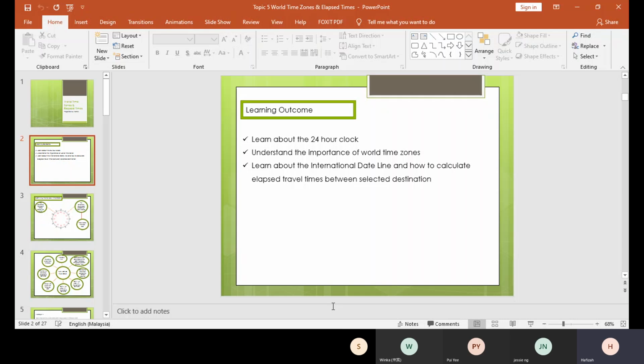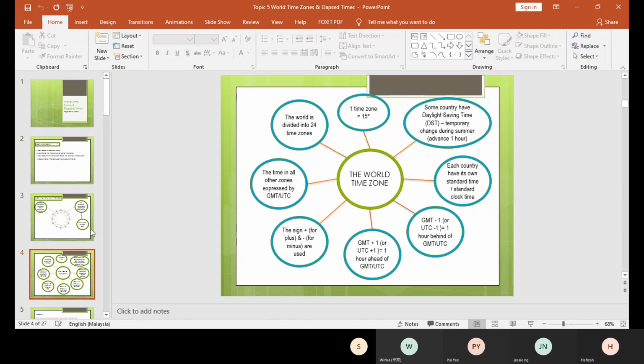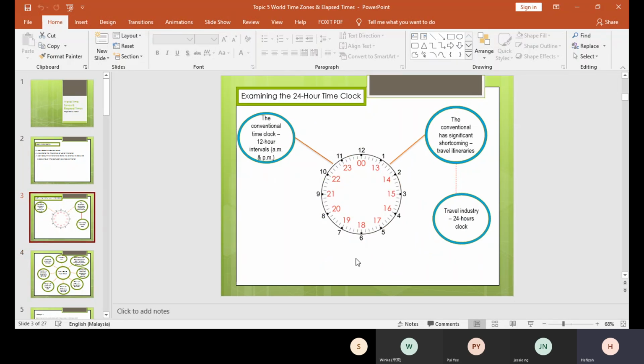First, we will look at examining the 24 hours time clock. The normal one we use is the conventional time clock, a 12 hours interval using AM and PM. But this has a significant shortcoming in travel itineraries, because if you just put 9 without saying AM or PM, people might be confused.